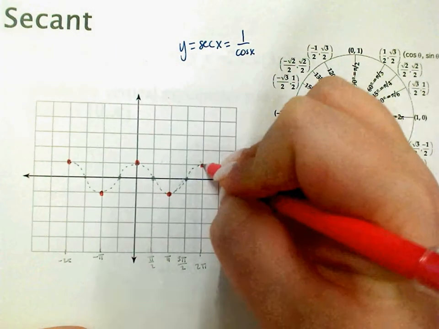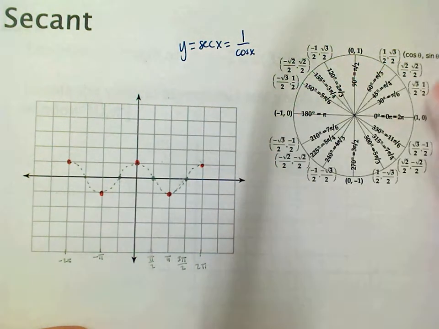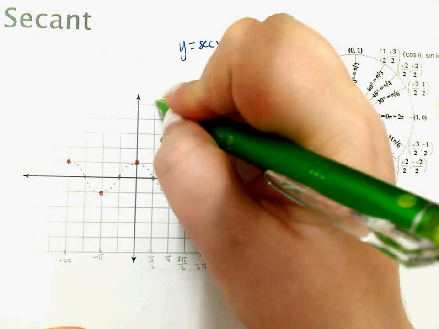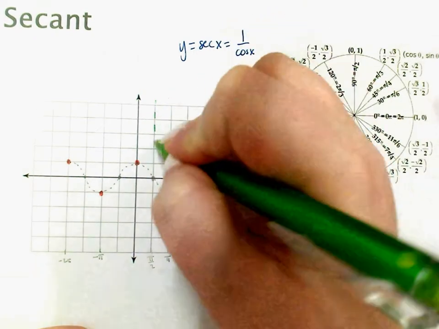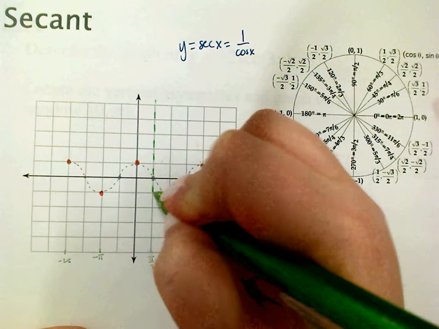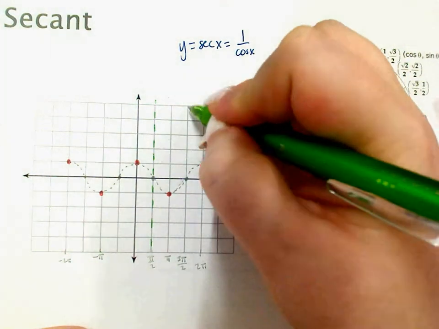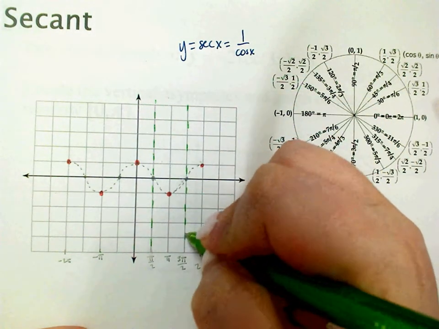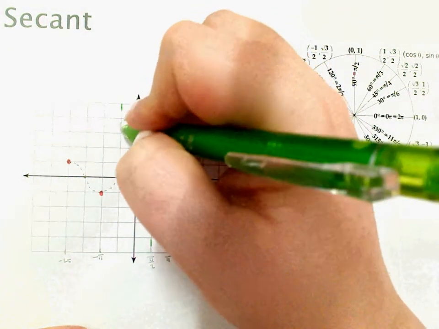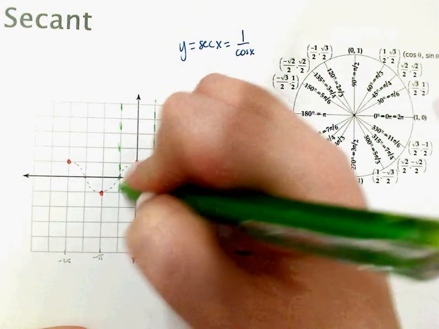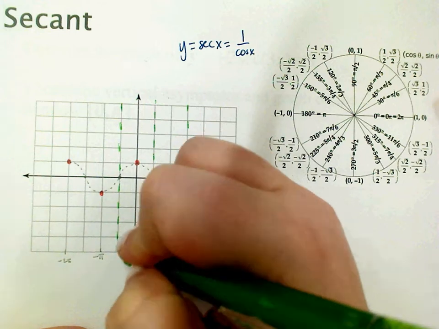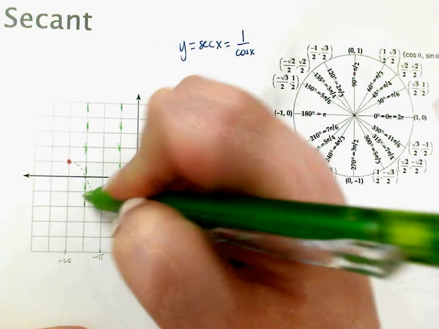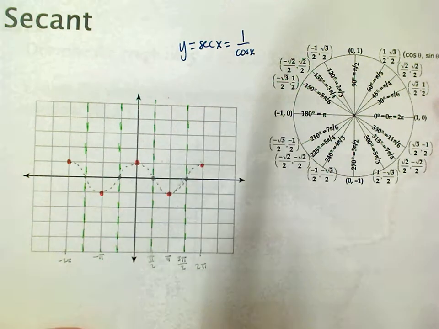And every time cosine has a 0, an x-intercept, secant has a vertical asymptote. And then we sketch.